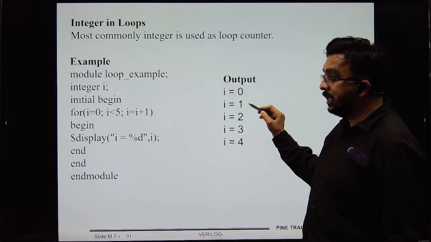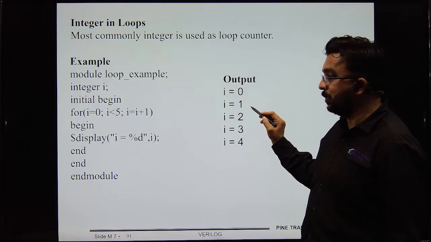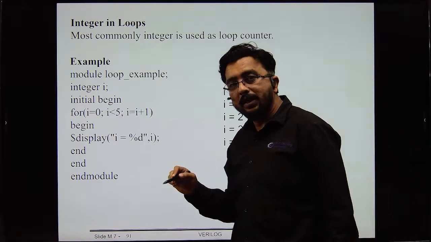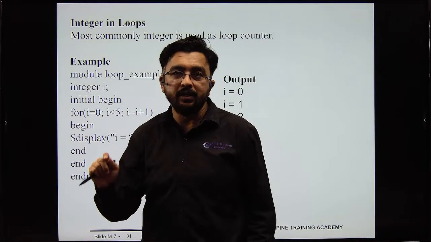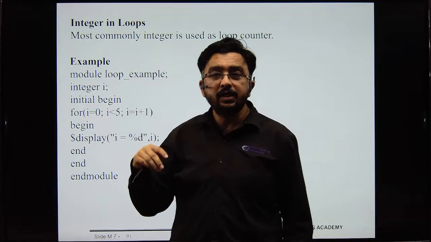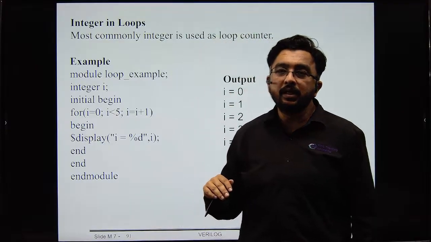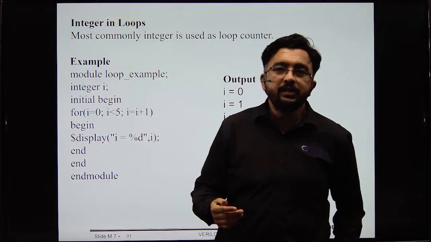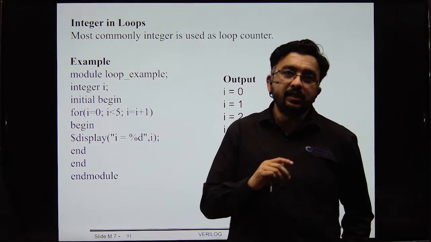This executes at delta plus 1, that is 0.1, 0.2, 0.3, 0.4. Actually we cannot see the delta delay. There are very good, heavy tools which show the delta delays, but in our normal freeware or web edition, we generally don't see them.